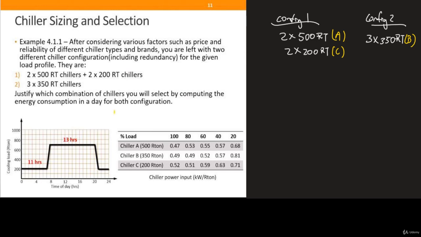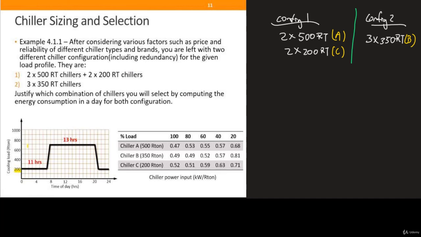First, what you need to do is determine the best operating schedule for each configuration. Let's look at configuration 1 first. During the evening, the off-peak period, if you look at the load profile, you will require 200 tons of cooling.